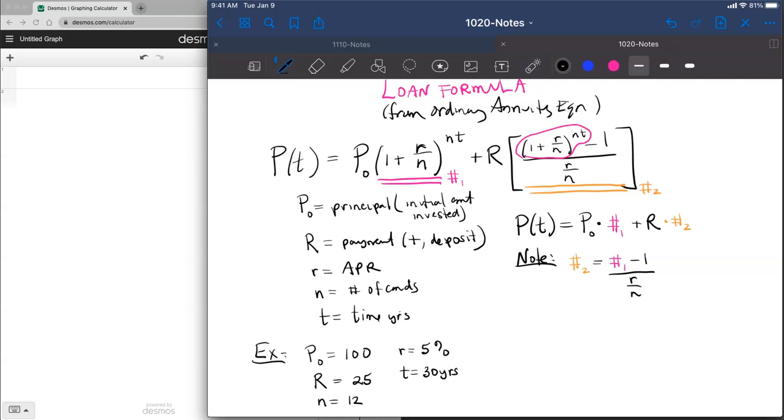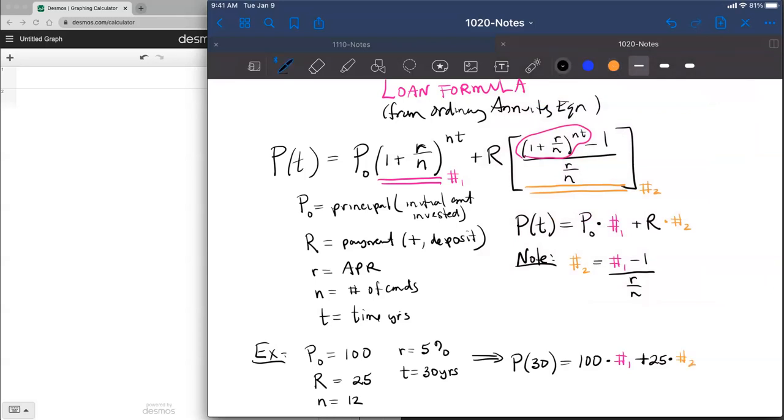Okay, the question is, how would we find the amount of money in the account after 30 years? It's going to be the 100 multiplied by number 1, whatever that first number is, and then we are going to add on to that $25 times whatever we come up with for number 2.